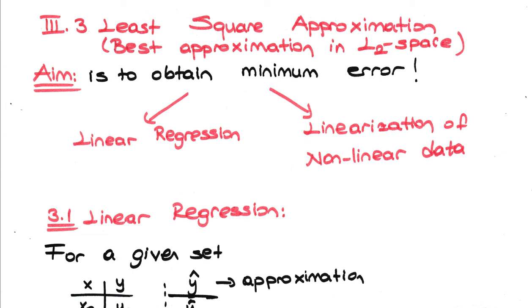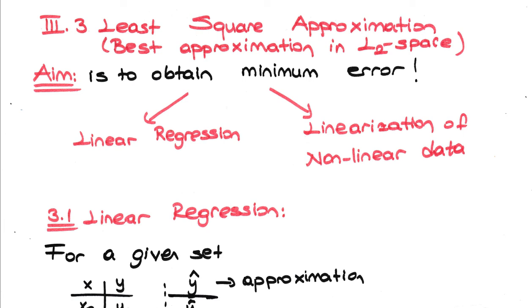For this reason, in these undergraduate classes we are skipping the minimax polynomial. We are just dealing with the L2 space case, which is called regression analysis. You need to know this as part of your general culture.